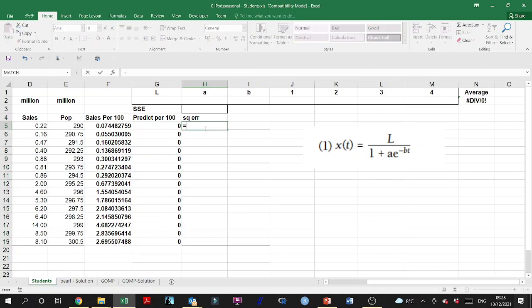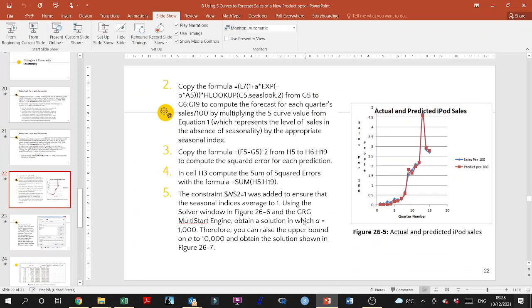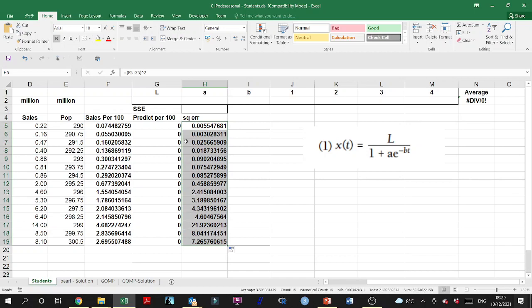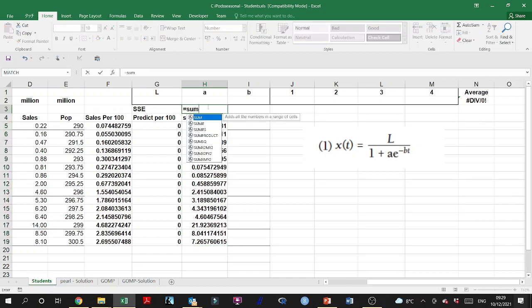The squared error is going to be the actual here minus the predicted over here, and all to the power of 2. All right. Did I have this also here? Yes. So we have the actual minus the predicted to the power of 2, and this is the sum of all these squared errors.